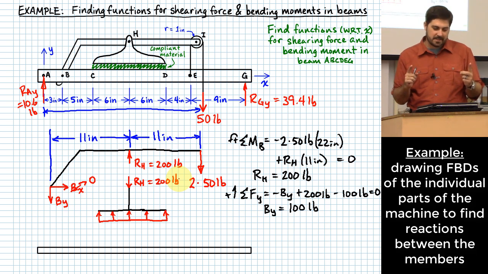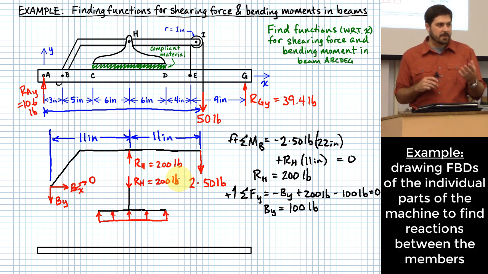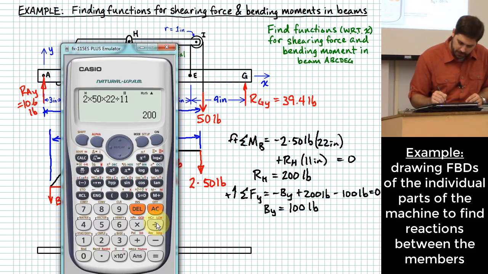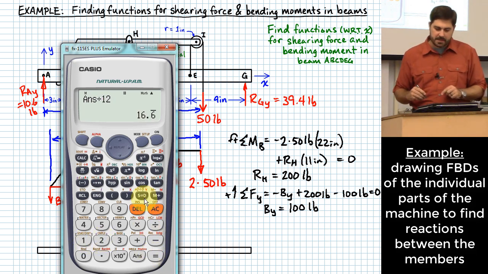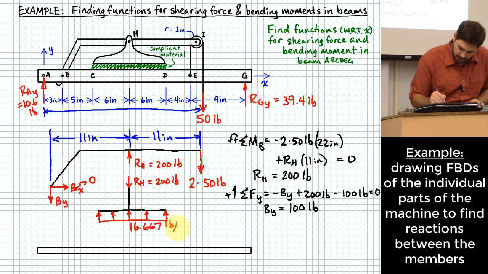So you could say it's 200 pounds per foot if you wanted. Or, since actually we've got everything else in inches, it might be a good idea to leave it in pounds per inch. What would it be in pounds per inch? Okay, 200 divided by 12. Okay, which would just be 16.667 pounds per inch.